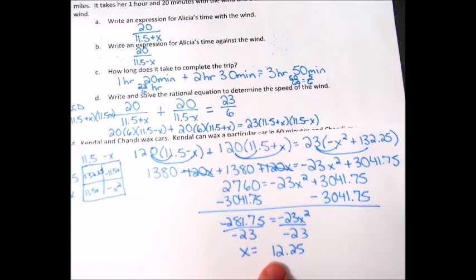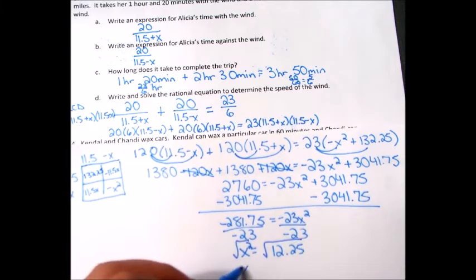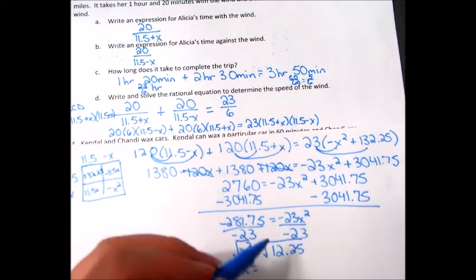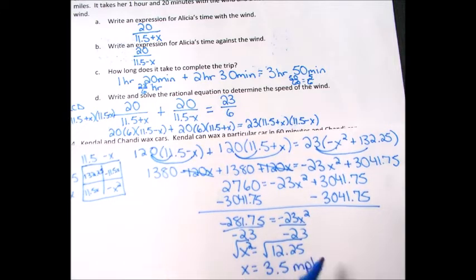So again, when we take our square root of this, we don't need to put a plus or minus. Square root is 3.5. So it's the speed of the wind is 3.5 miles per hour. I probably should put a little bit more space in those for next time.